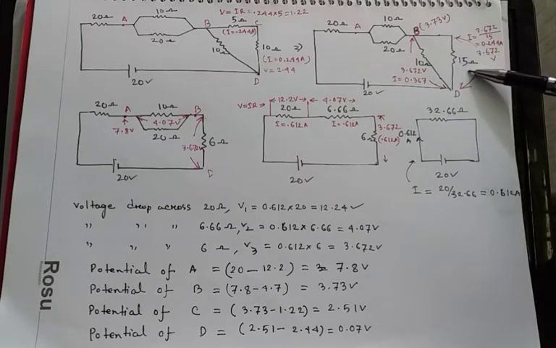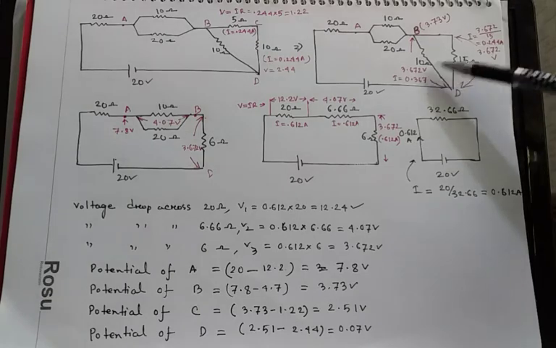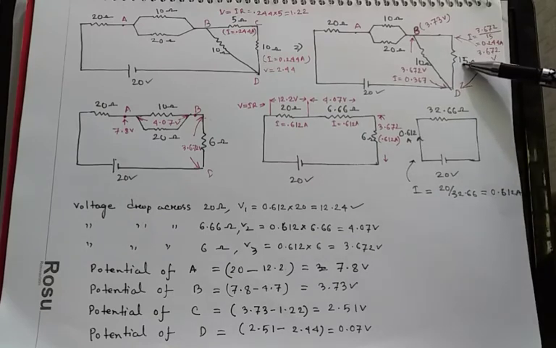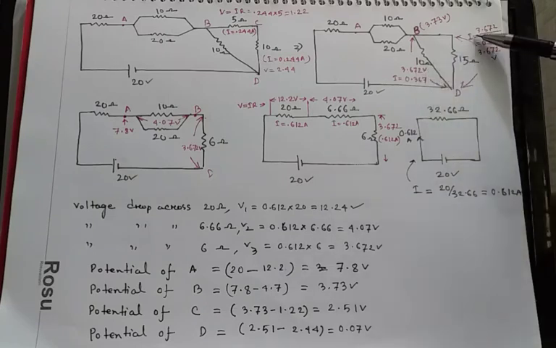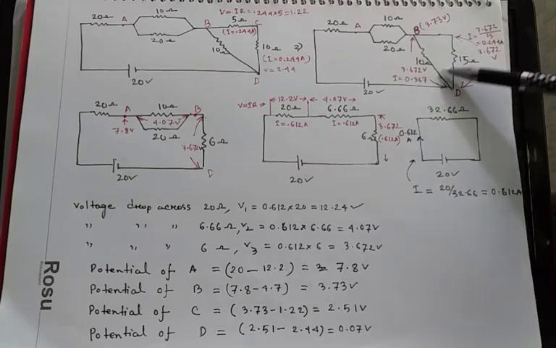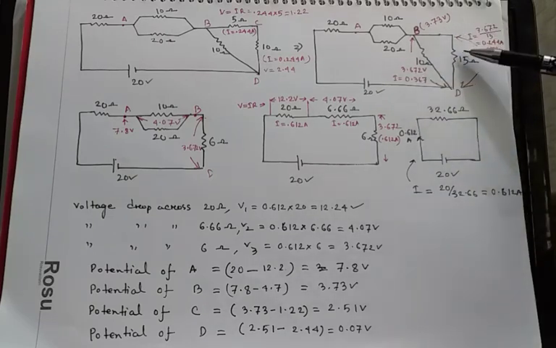For the 15 ohm resistor, as both are in parallel, the voltage is the same, 3.672 and 3.672, but the current will be different.